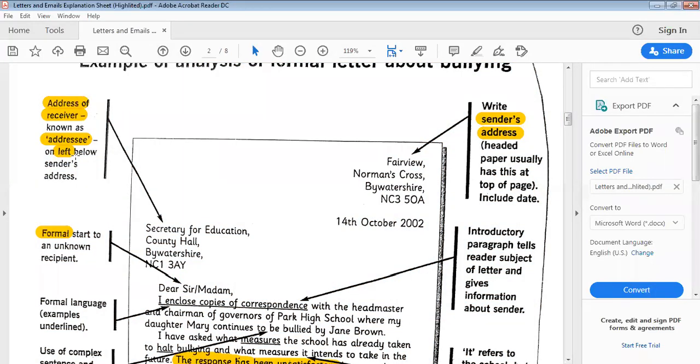Addressee is the person who's supposed to get this letter, to receive the letter, okay? Again, you're not required to write the address, but you should know it because you may come across it in a reading text, okay? So here, this is the sender's address, and here, this is the receiver's address, okay?